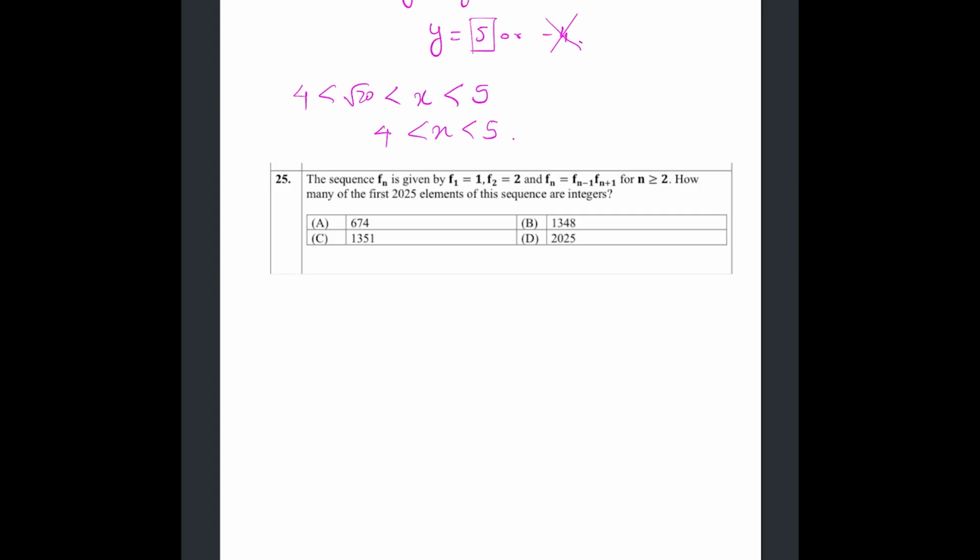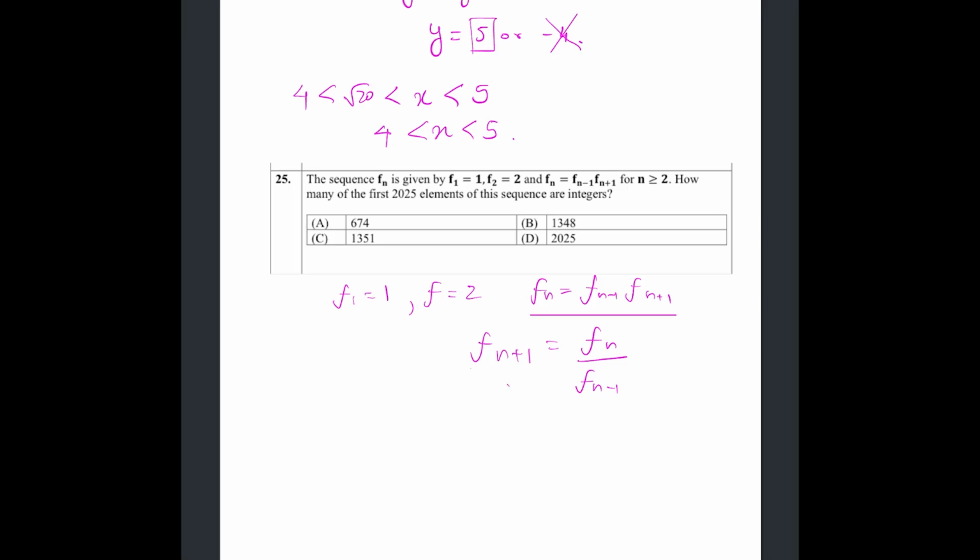In this, we have a sequence fn which has f1 is equal to 1, f2 is equal to 2 and fn is equal to fn minus 1 into fn plus 1, right? So this thing over here, we can write it as fn plus 1 is equal to fn by fn minus 1.